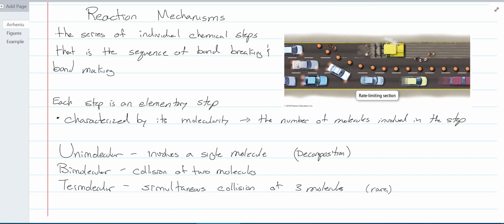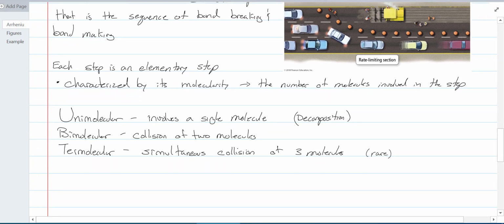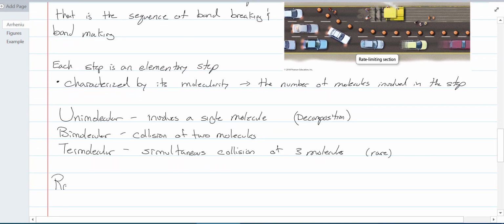So when we talk about the rate of a reaction, the rate law can be written based upon the stoichiometry of an elementary step.